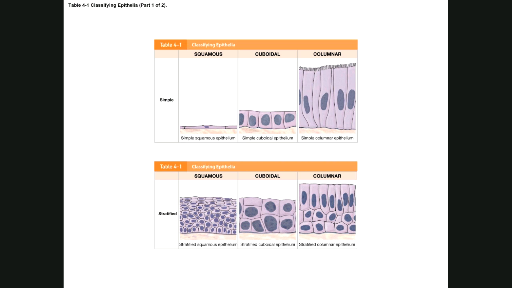If I tell you the examples of the simple squamous are the inner lining of a blood vessel, the respiratory tract, the lung and the kidney, it might behoove you to know where you might find those simple squamous epithelium. Okay, I talked to you, and already you have to know those areas.